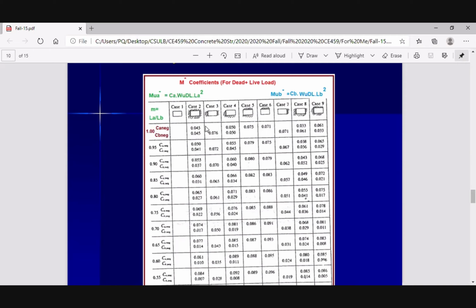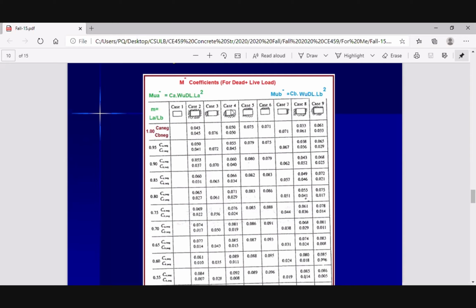For here, for CA negative, there is no support. Actually, it's simply supported, so there is no CA negative factor. But for the B direction, this long side, you have fixed support, so you have CB negative. What about here? One side is simply supported, another fixed support.